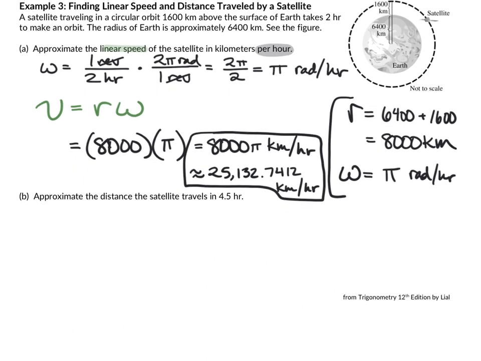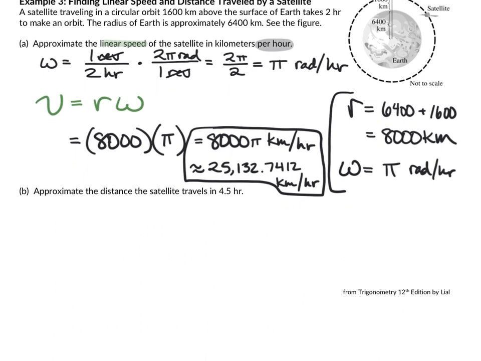Part B asks you to approximate the distance that the satellite travels in 4.5 hours. Ooh, distance. Not speed, but distance. So let's think about this. The things we know so far in this scenario, I'm just going to list them out again. We know the radius, check. We know omega, check. And now we just found the linear speed.